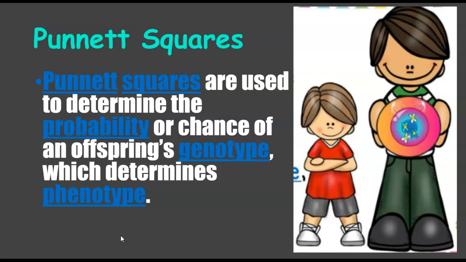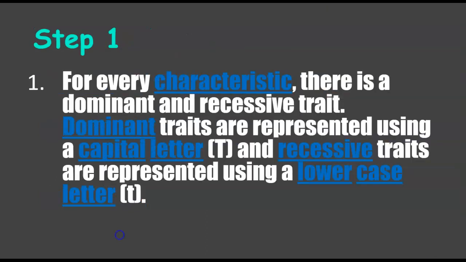And so remember, genotype goes with those alleles, and we're going to start looking at those alleles. Those alleles will then create a genotype which is shown outside as a phenotype.